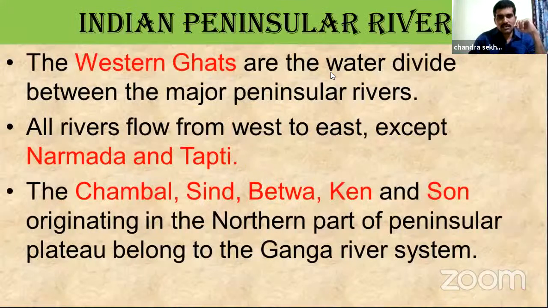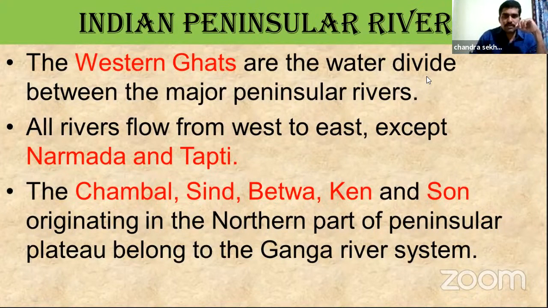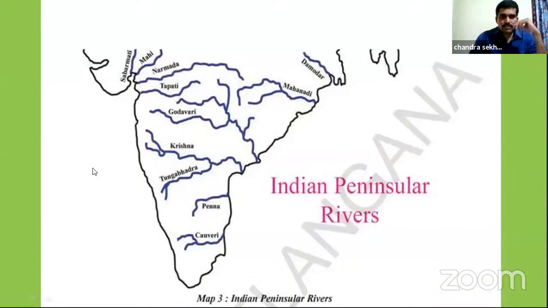So the Western Ghats are the water divide between the major peninsular rivers. All rivers flow from west to east except Narmada and Tapti. Now only we discussed the Western Ghats. So here on the west side we have the Western Ghats. Already we have discussed in the first lesson also.